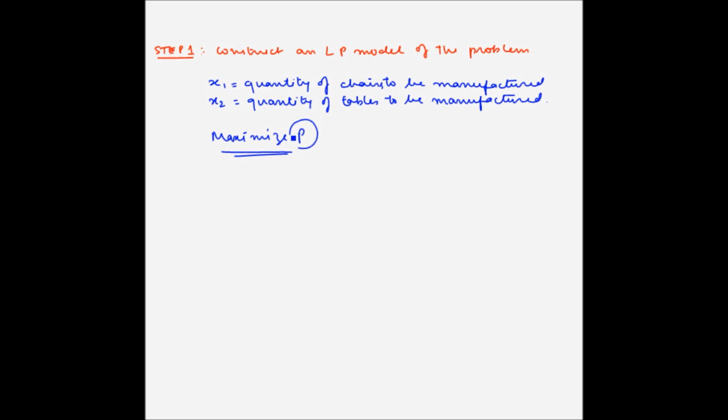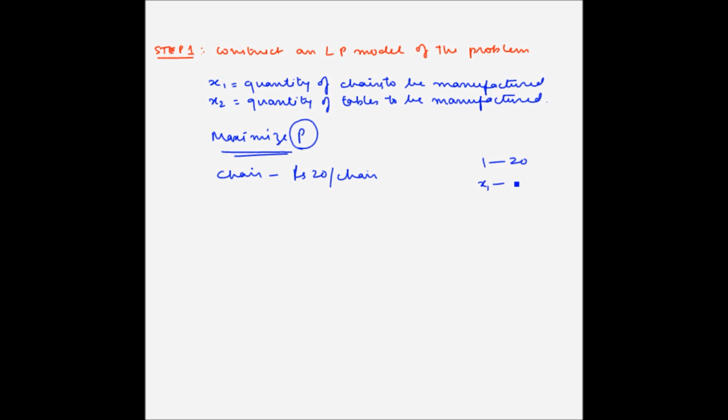So what is P? We have been given that for chairs, profit per chair is rupees 20. So for one chair the profit is rupees 20. We have assumed the quantity of chairs to be X1.